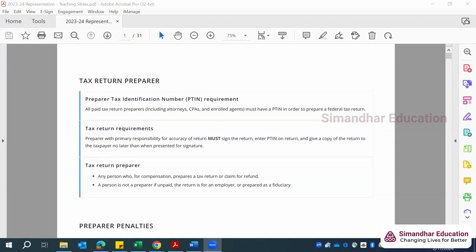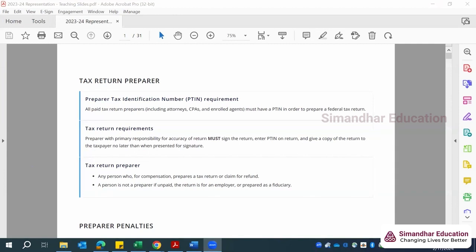So how many people are involved in preparing the tax return here? We have a staff who's involved, we have a senior who's involved, we have a manager, and we have a partner who's signing the tax return. So a person who's not signing the tax return, but is involved in preparing a substantial portion of the tax return, is also a preparer.